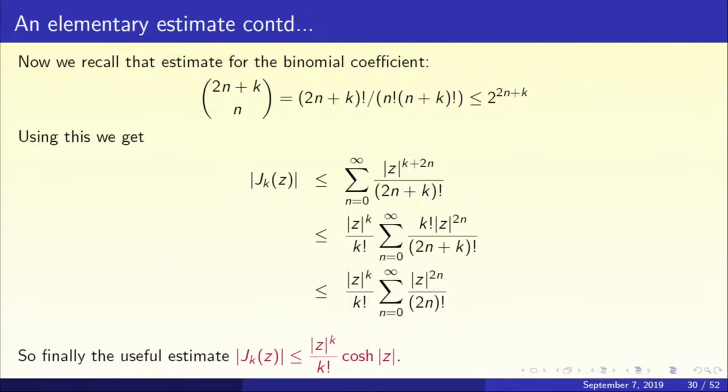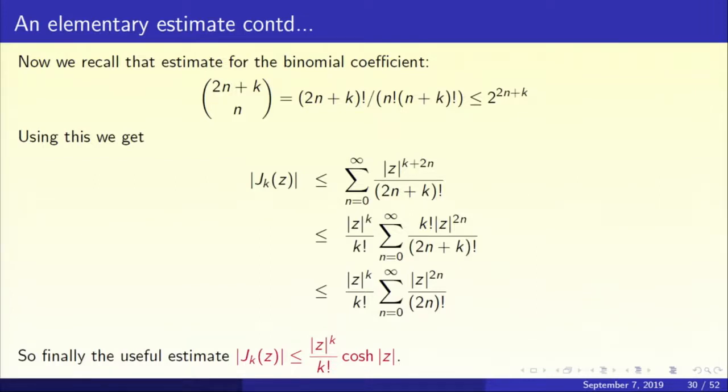Now let us look at the ratio of the two factorials under the summation sign. 1 upon (2n plus k) factorial is 1 upon 2n factorial into 1 upon (2n plus 1), 1 upon (2n plus 2), up to 1 upon (2n plus k). So k factorial upon (2n plus k) factorial will be 1 upon 2n factorial into 1 upon (2n plus 1), 2 upon (2n plus 2), etc., k upon (2n plus k).